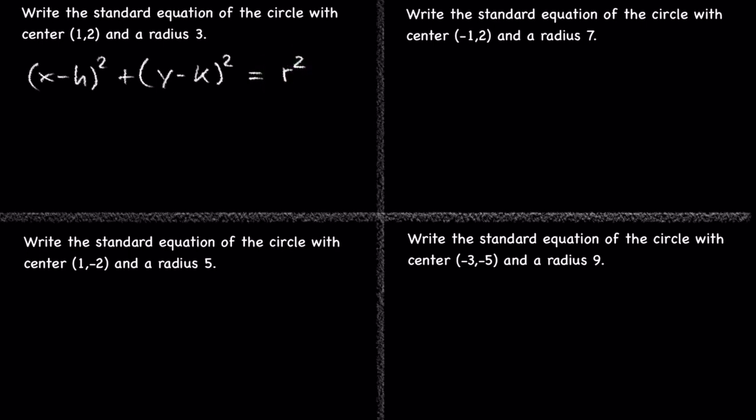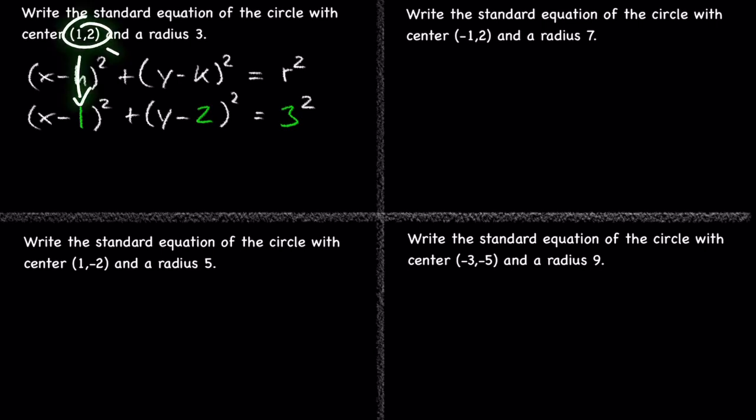So we can substitute h with 1, k with 2 and r with 3. And after squaring the 3, which is 9, we are done with this problem.